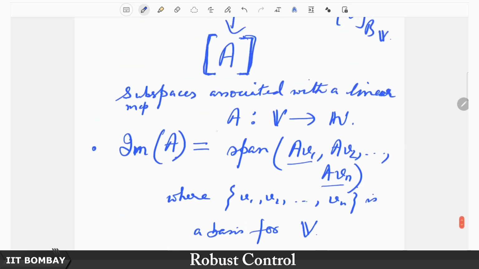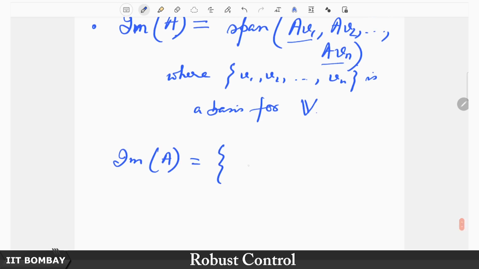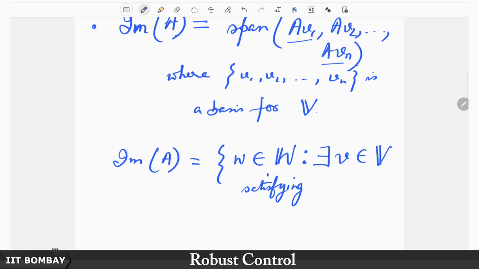Again, remember that when we are talking about the image of this linear map, it is basically a linear map from the vector space V to the vector space W. So, this image is basically going to be a collection of all such elements in the codomain W, such that there exists some vector v in the domain V satisfying the relation that when you get this linear map to act on this v in the domain, you will get w.